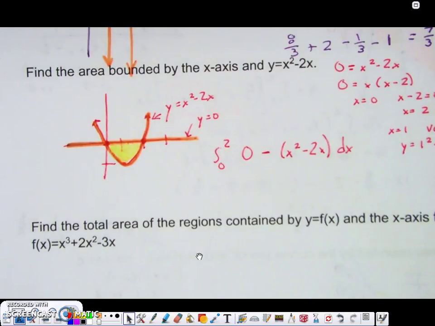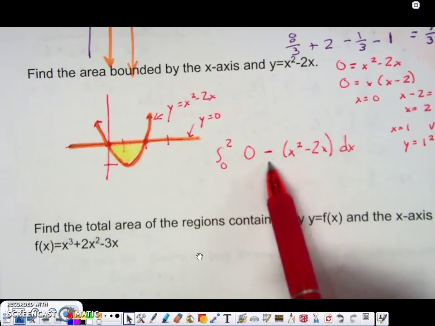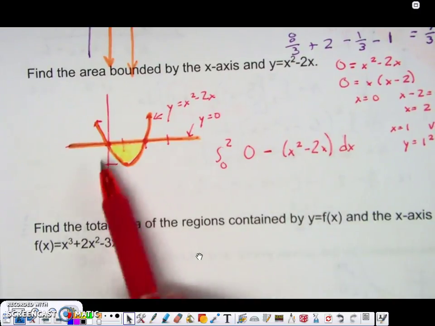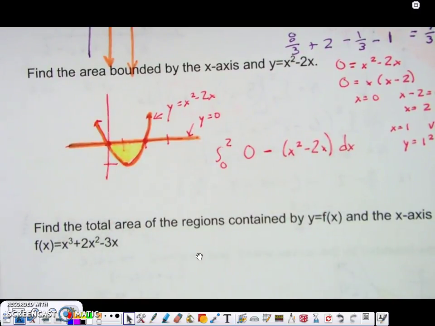Now, if you'll remember, we talked about anytime you had integration and it was under the curve, your value came out to be negative. So what's happening here is we're just taking the opposite of the integral of this, which changes it to positive and allows us to find our area.